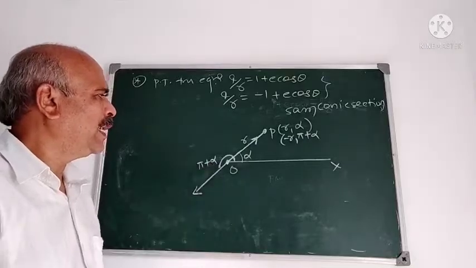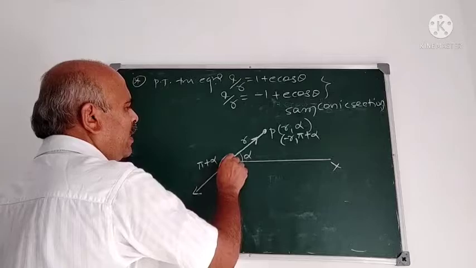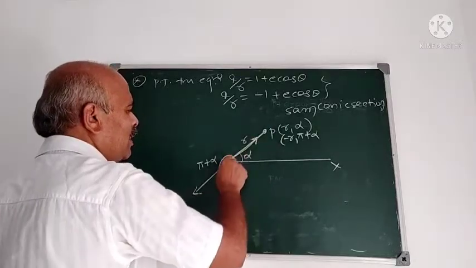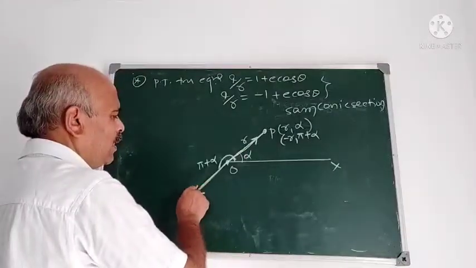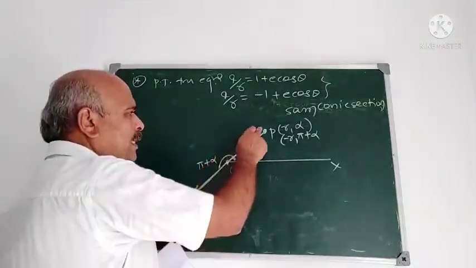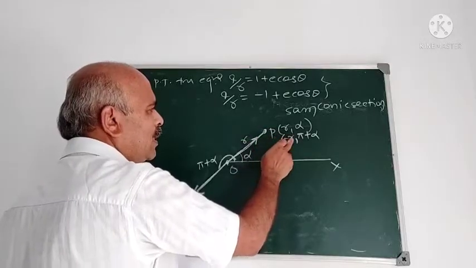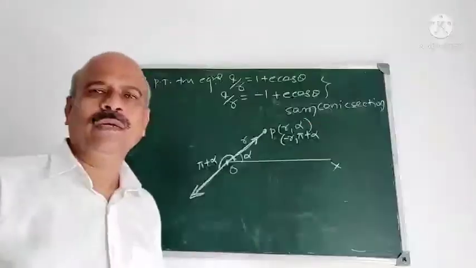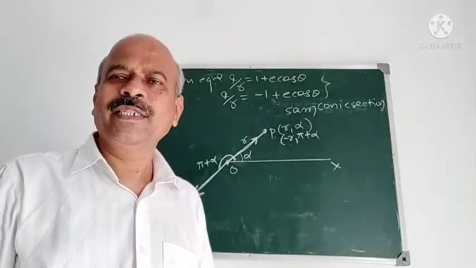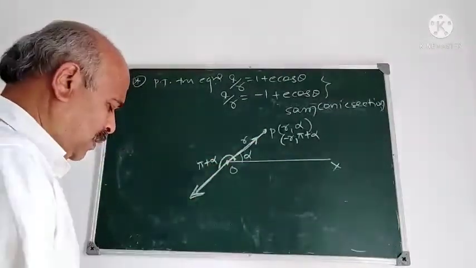Then if we take the vectorial angle as pi plus alpha and measure the same distance in the opposite direction, actually for pi plus alpha this is the positive direction of r, but I take r in the negative direction. Then the same point P becomes (minus r, pi plus alpha). Is it clear now?